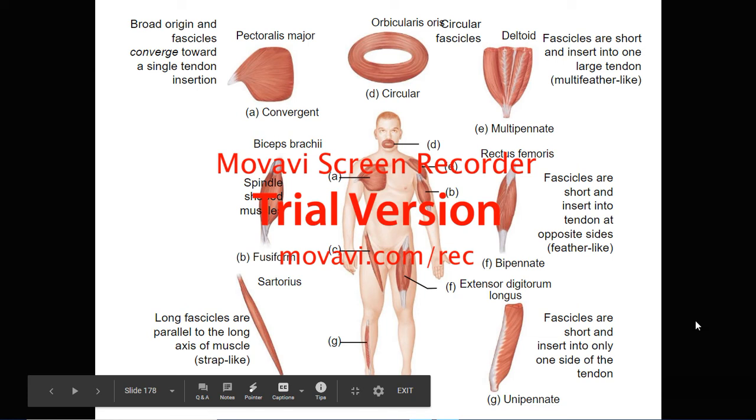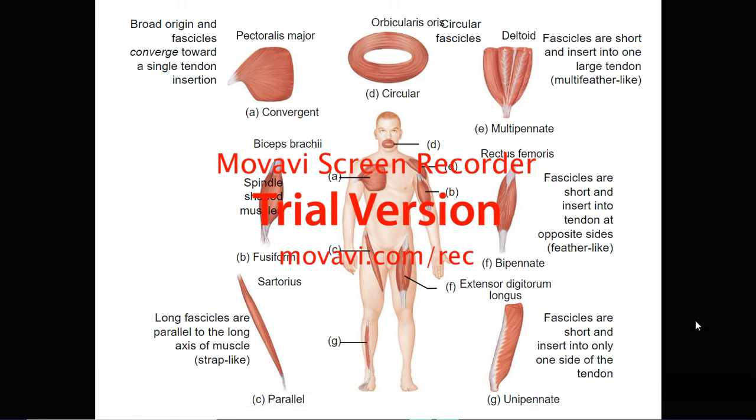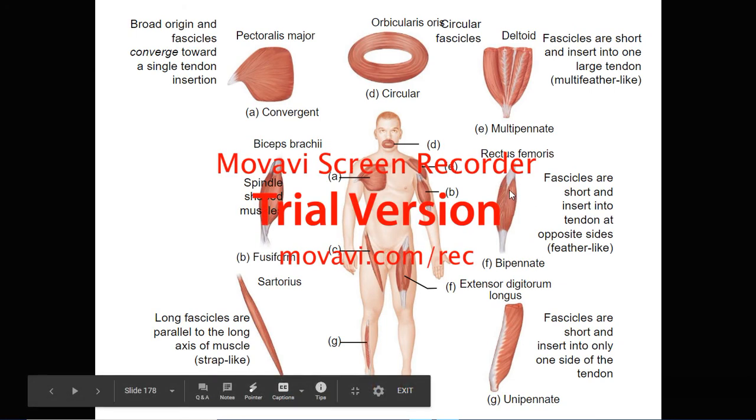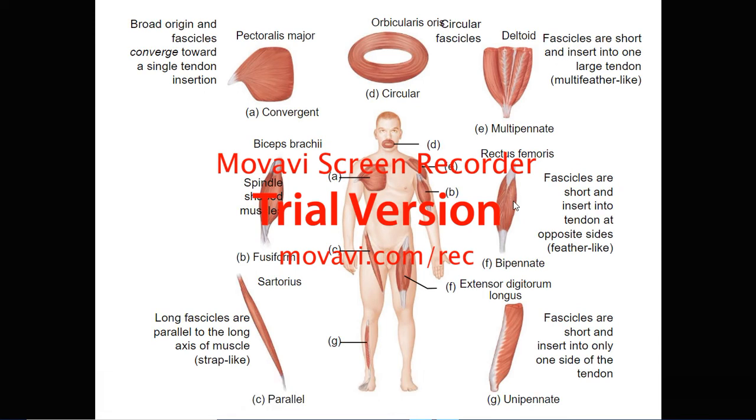And the last fascicle arrangement is pinnate. In a pinnate pattern, the fascicles are short and they attach obliquely. You see how these muscle fibers attach at an incline.